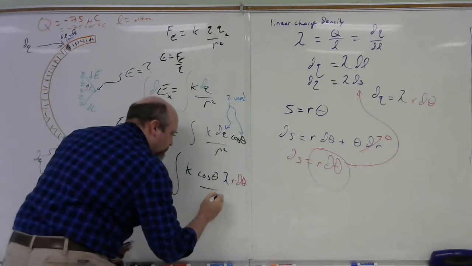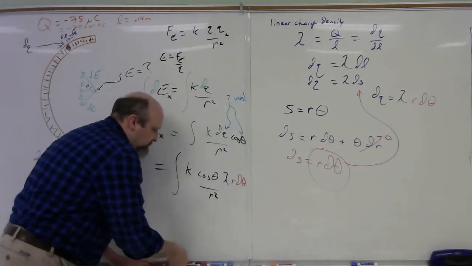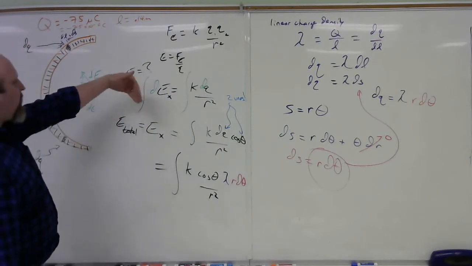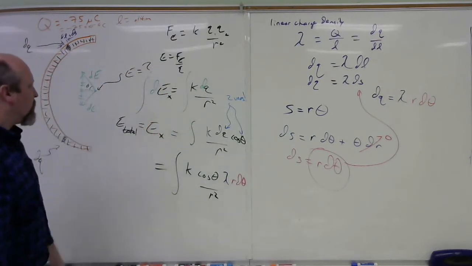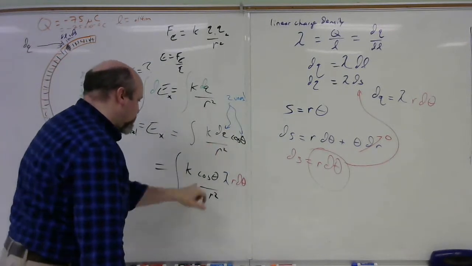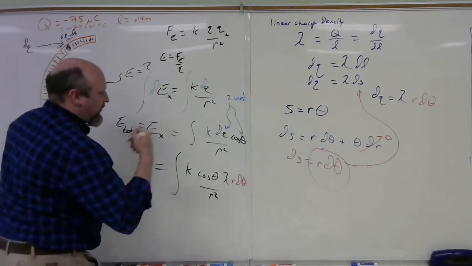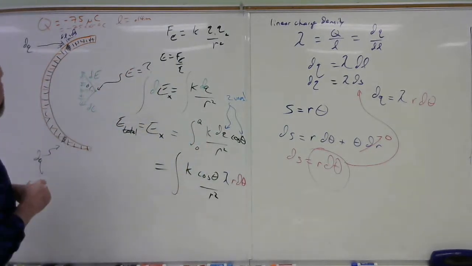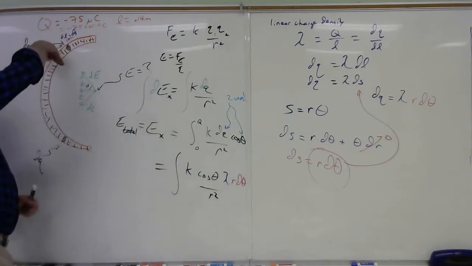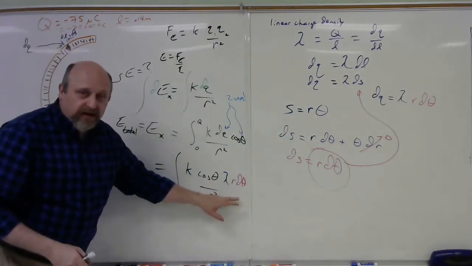Something I need to fix is I didn't bother writing the bounds on this original integral, but it would have been adding up all little bits of charge until I had the full charge on the rod, from 0 to big Q. The full charge added up, adding up the E field made by all the little bits of charge all the way around. Well, now we're going to do it in terms of theta.